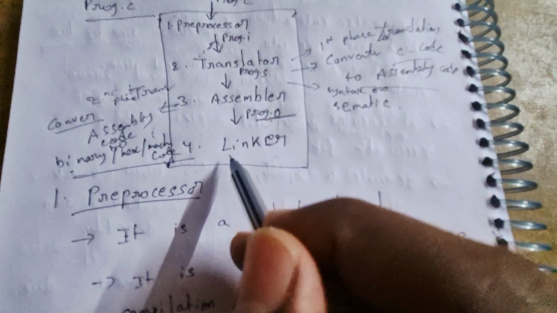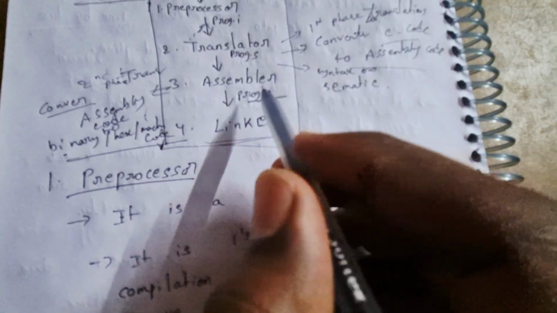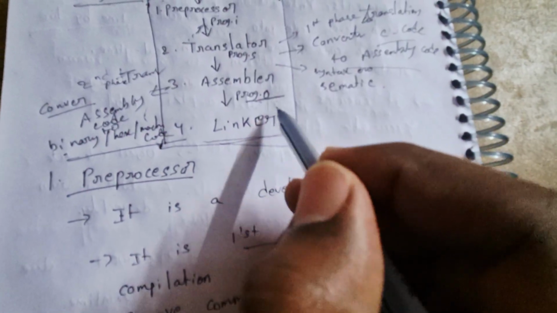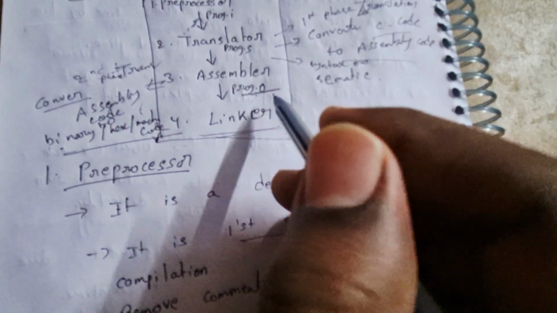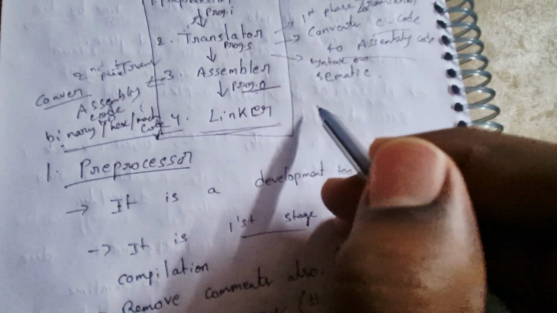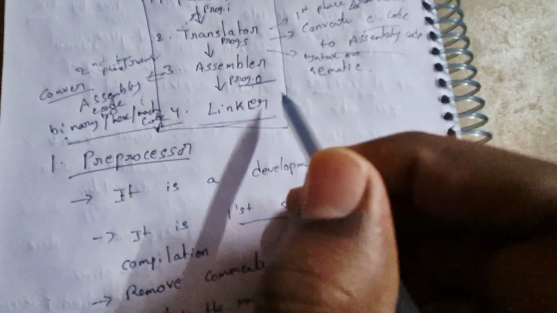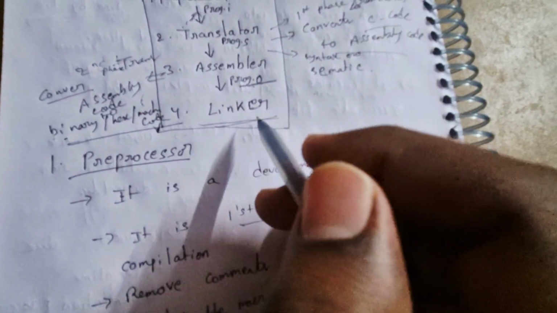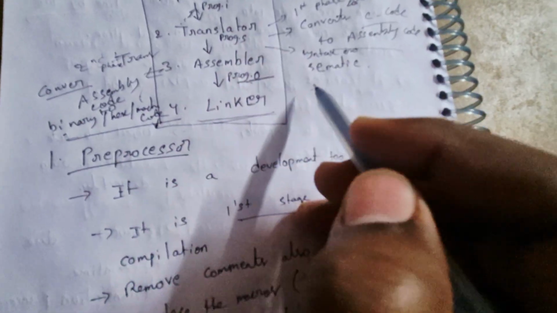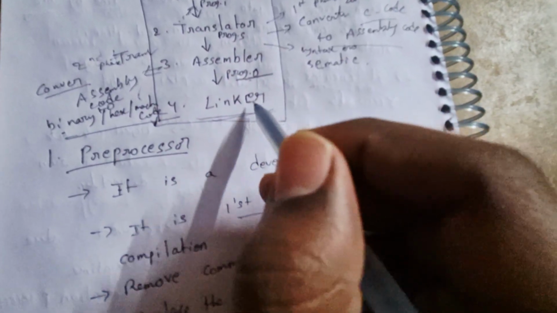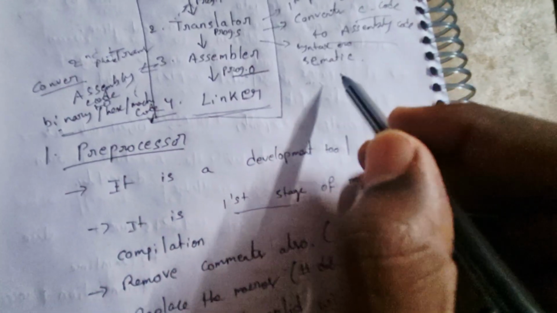And finally linker. What is linker? Linker mainly combines all the instructions, the object files generated in the earlier stage, with any necessary libraries, and it resolves external references, ensuring that all parts of the program can communicate.